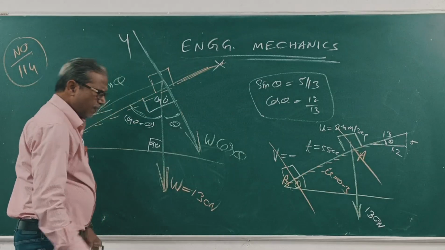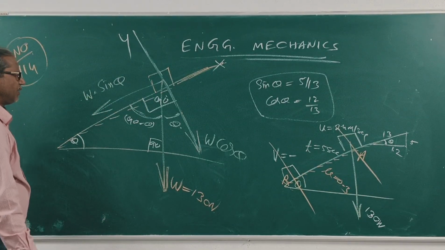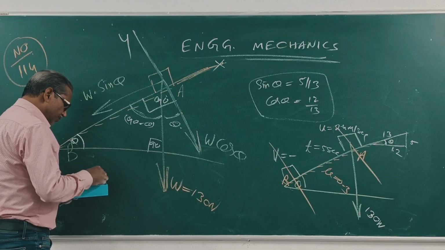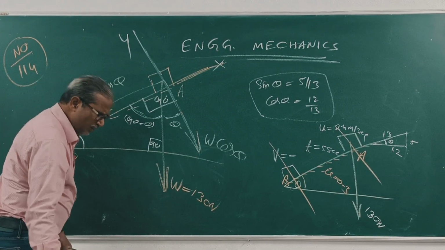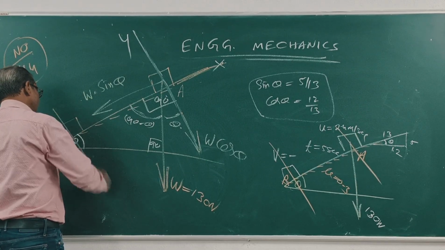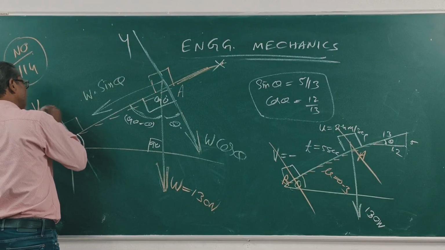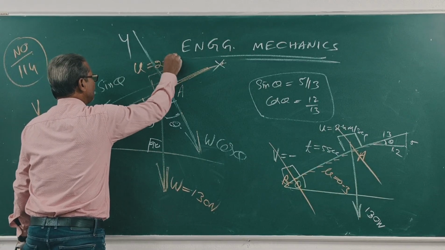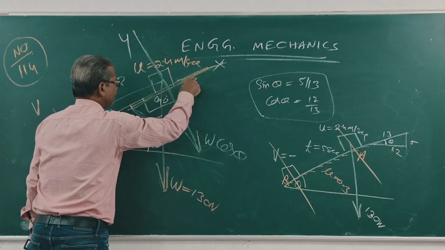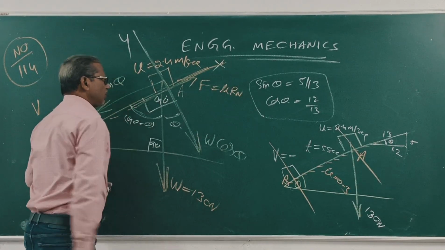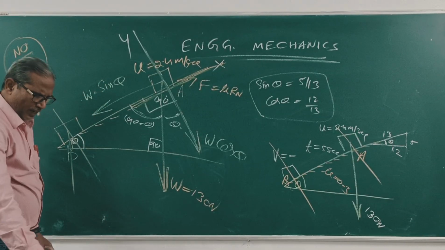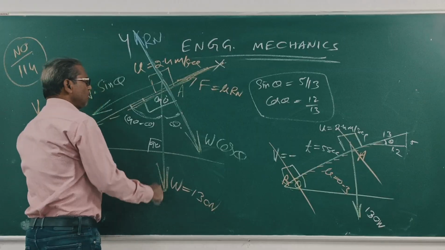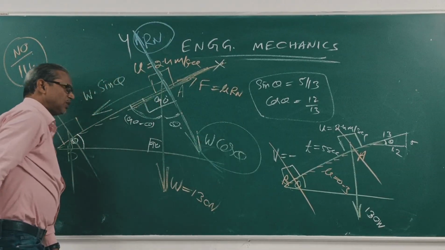The block moves from A to B. At A the velocity is U, equal to 2.4 meter per second, and at B it is V. This is friction F. F is equal to mu Rn, where Rn is the normal reaction, which is equal to W cos theta.